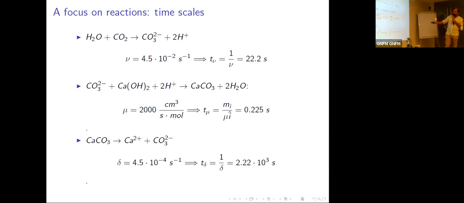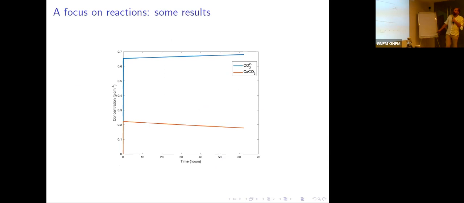And in fact, we can see that if we consider only the evolution of carbonate and calcium carbonate, both increase very quickly, and then calcium carbonate decreases very slowly, and carbonate increases again very slowly.